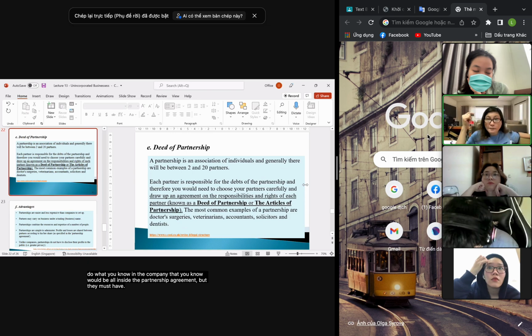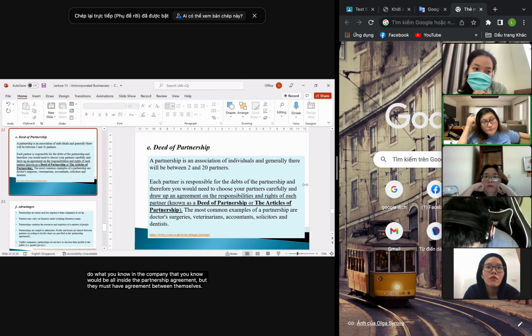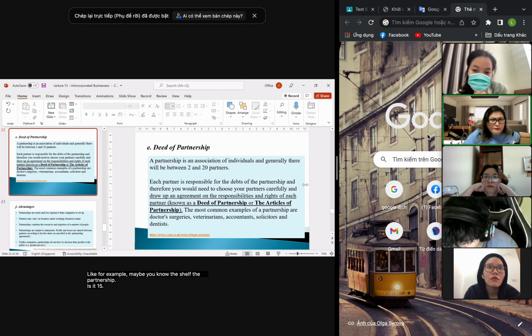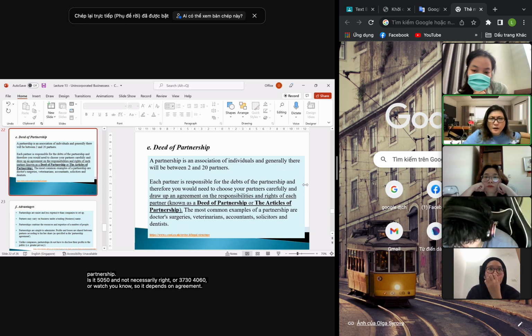They must have agreement between themselves. For example, maybe the share of the partnership, is it 50-50? Not necessary, right? Or 30-70, 40-60, so it depends on the agreement. So it must be inside the partnership agreement.